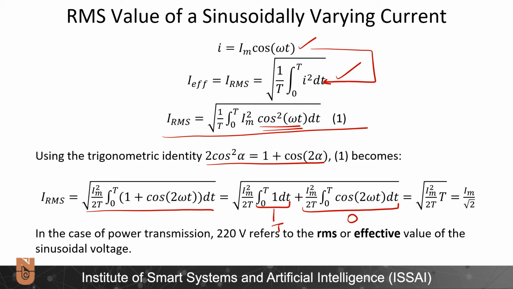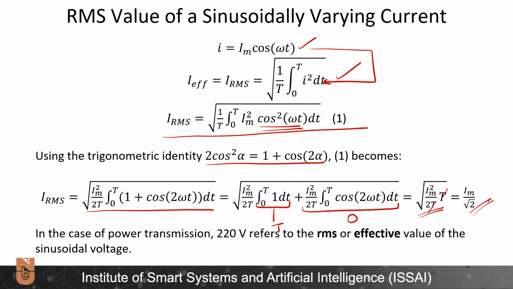And therefore, this whole expression will simplify itself to the square root of Im squared divided by 2T times T. And the T's will cancel each other, and we will end up with Im divided by square root of 2 as the IRMS value of a sinusoidally varying current.